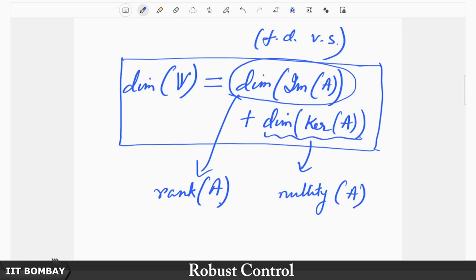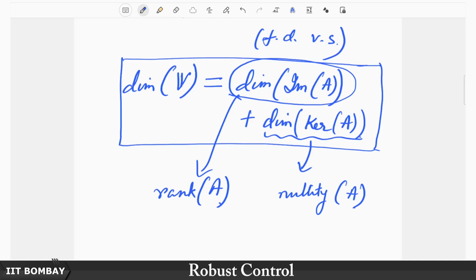But remember, what is the image of A in such a case? The image of A is a subspace of W, right. So, that means the dimension of V, that is the domain, is equal to the dimension of a subspace of W. So, the dimension of W is at least equal to that of V, if not greater.